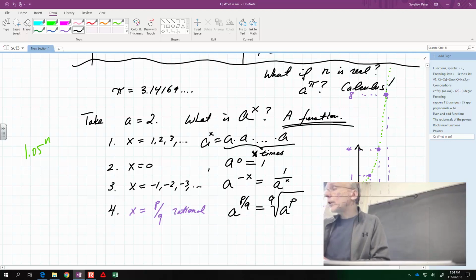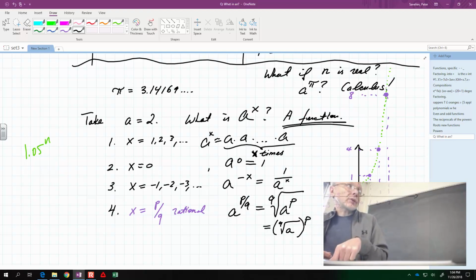Even though you can do it in the opposite order, that's fine too. So you take the q root of a and then you take it to the power p. Like I said, we need the power function and the root functions in order to build the exponential function, because all the powers should be available.